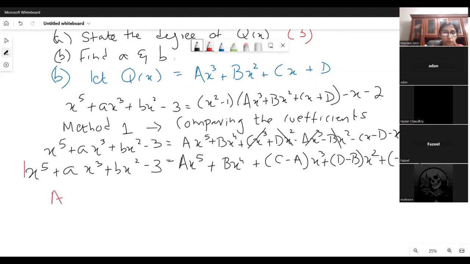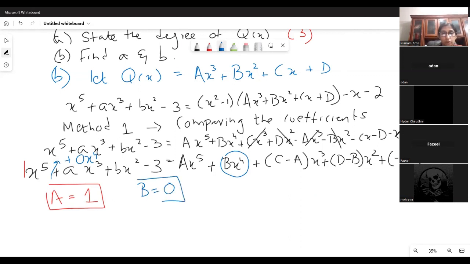So a is equal to 1. Okay, what about capital B? Zero. Yes. Capital B is equal to 0 because we have x4 over here, but we don't have any term in x4 over here. That means we have plus 0 x4 over here. So B equals 0.